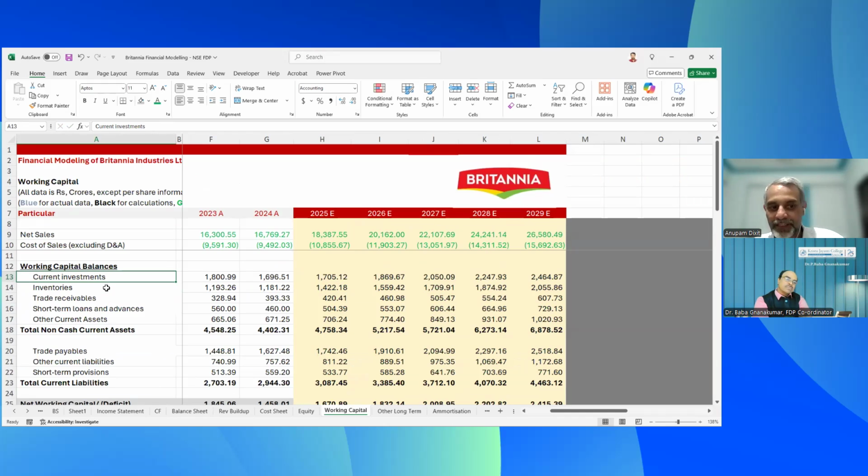So if it's current investment, inventories, trade receivables, short-term loans, other current assets, the same order is there in our balance sheet, except for cash on the current asset side, which is not showing here. But the order is the same.